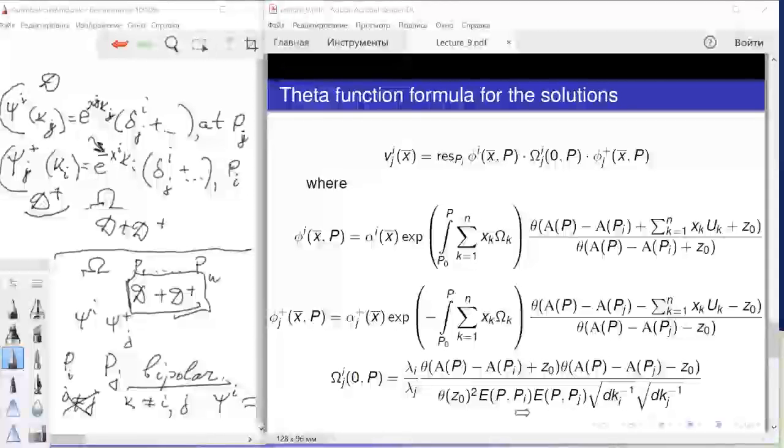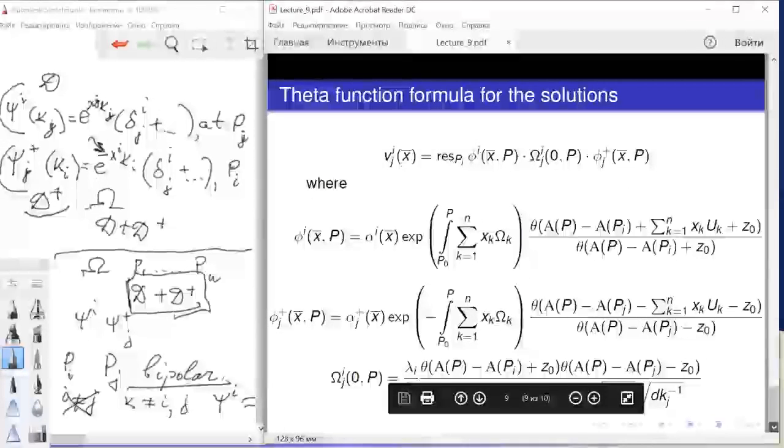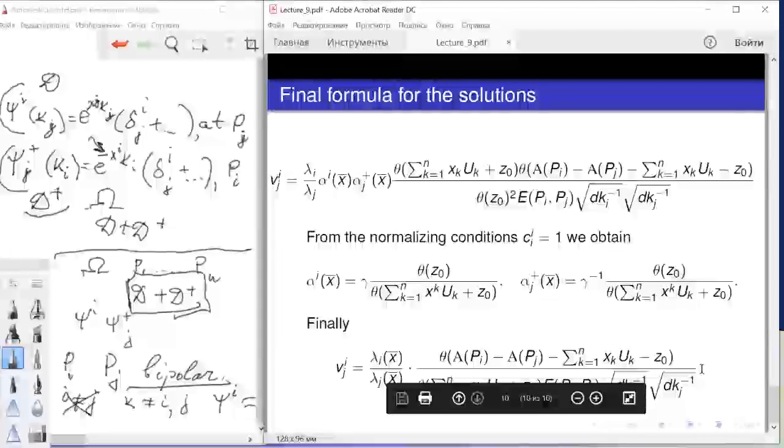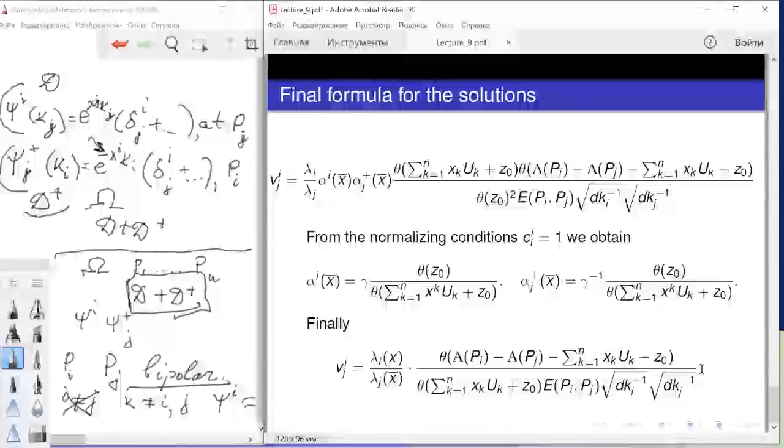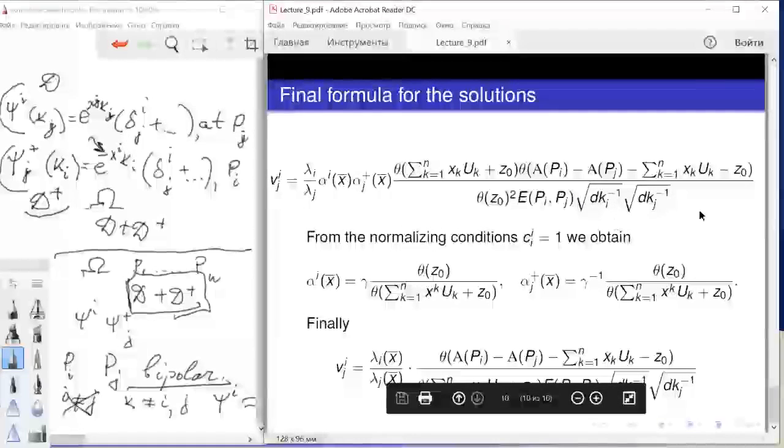So the way to calculate this expression is easy. We just contract all these denominators and nominators, and in the remainder we let p equal to pi. Well, and this all results in the first line on this slide.